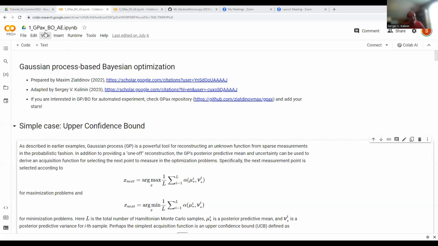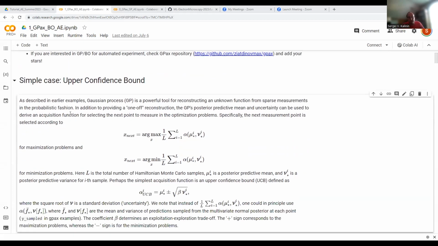It's also on the GitHub, and the title of the notebook is OneGPAX BO AE. Many elements here would be similar to that of the first notebook, but let's go through it in detail and unpack some of these concepts and see how they work in the real world.